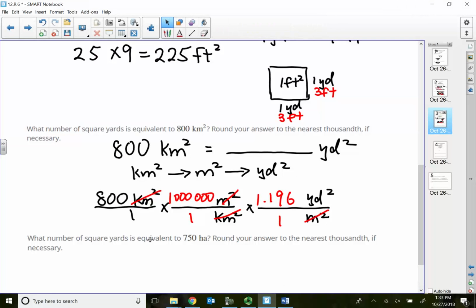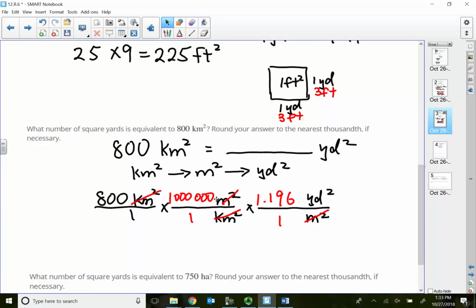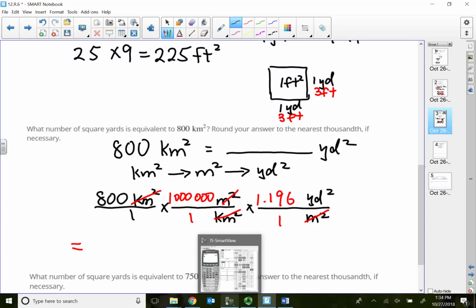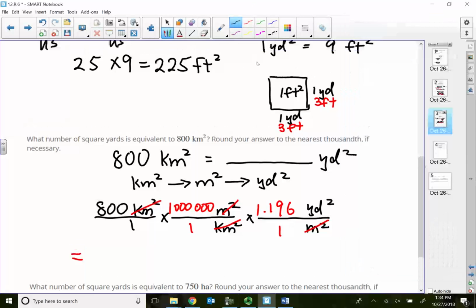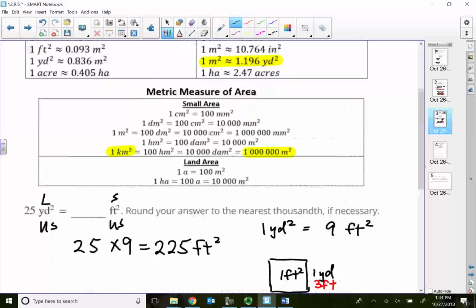So let me put this in the calculator for you. I think we will run into scientific notation here, so I'm going to use this opportunity to show you. So 800 times a million, 1 with 6 zeros, times 1.196. Let me make sure it's 1.196. Sometimes I forget.